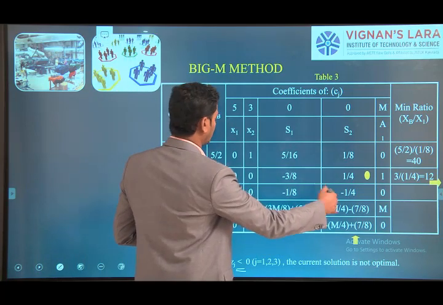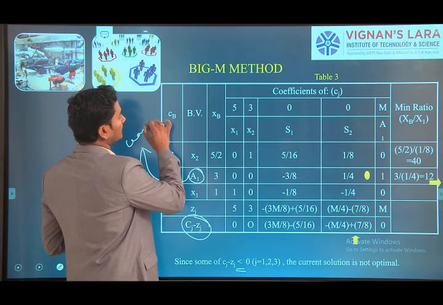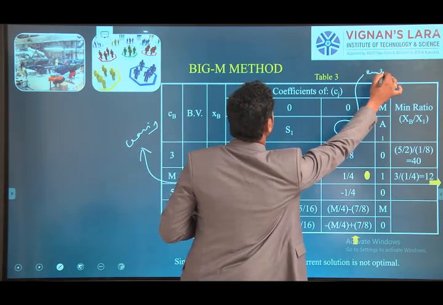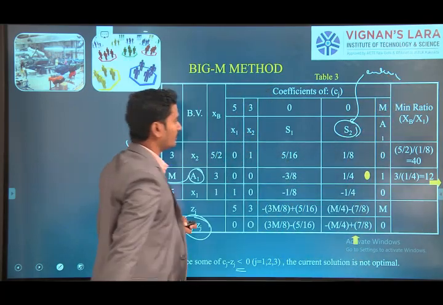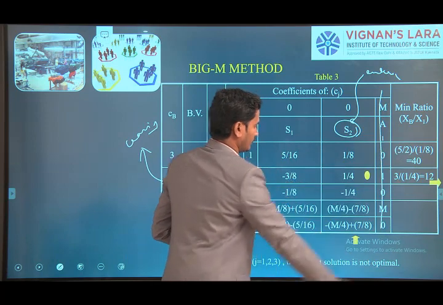From this table, we replace A1 with the help of S2. For further iterations, we remove the A1 column.